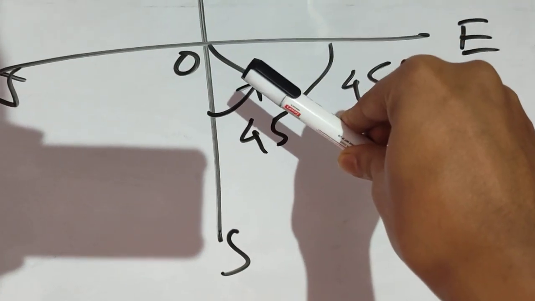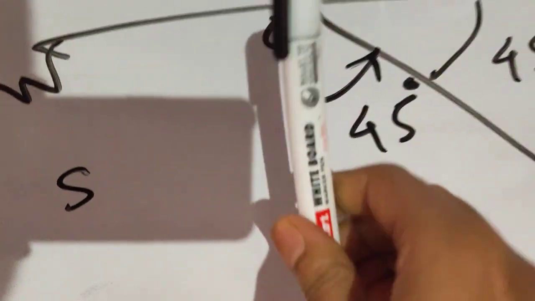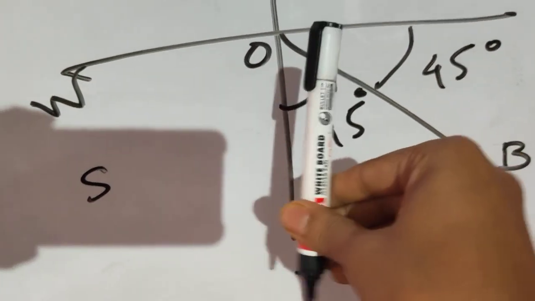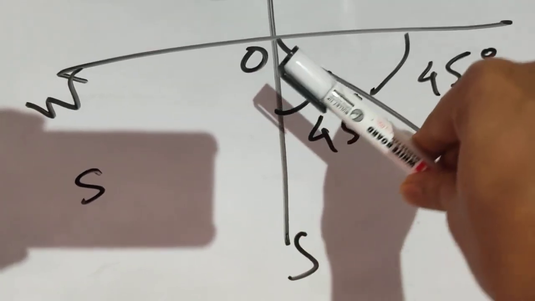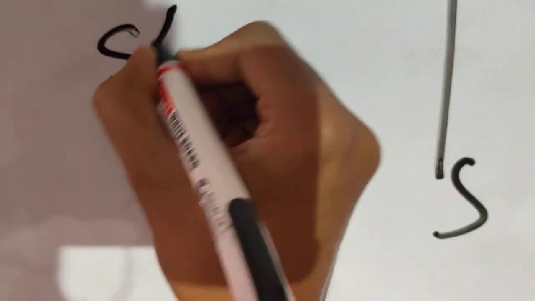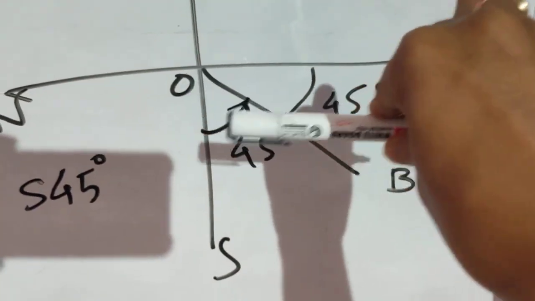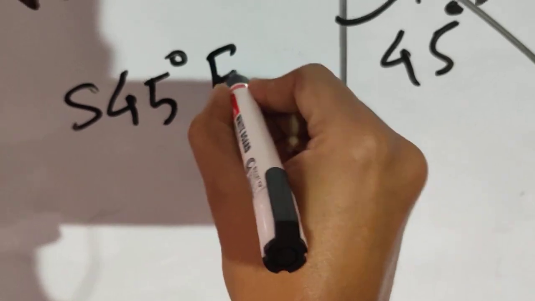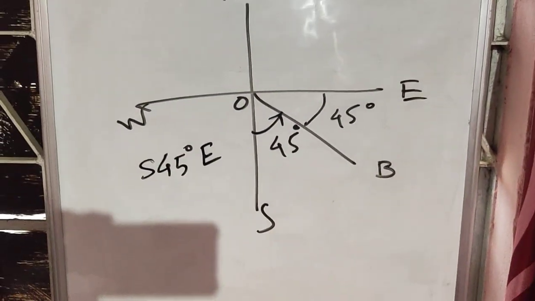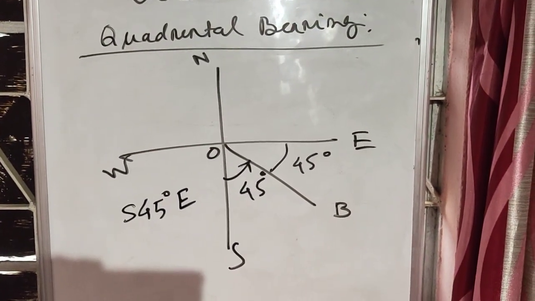How much? 45 degree. So the bearing of this line will be south, because we are moving from south, for an amount of 45 degree, in which direction? From south 45 degree to east. So the bearing of this line is south 45 degree east in quadrantal bearing method.